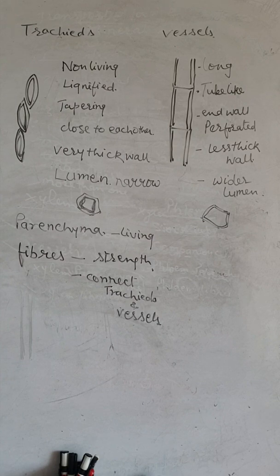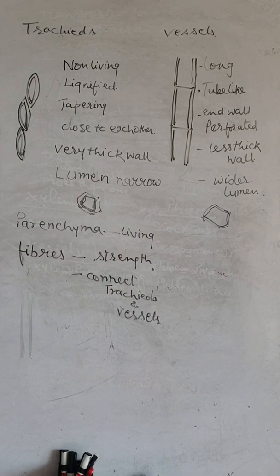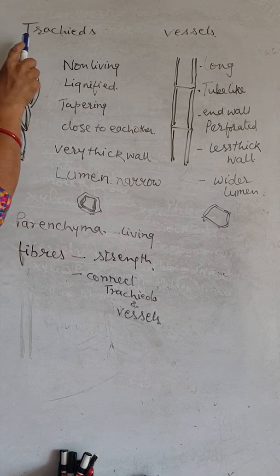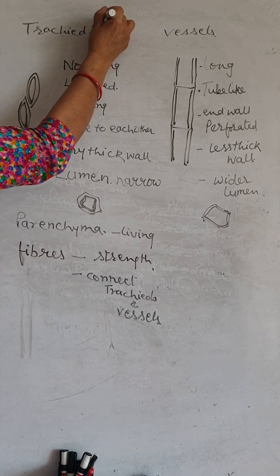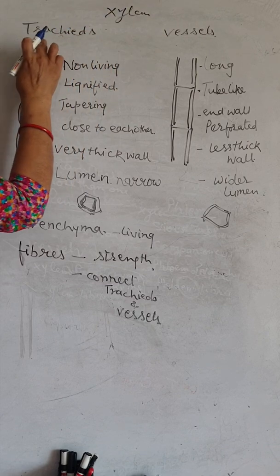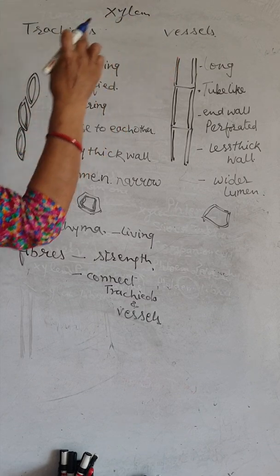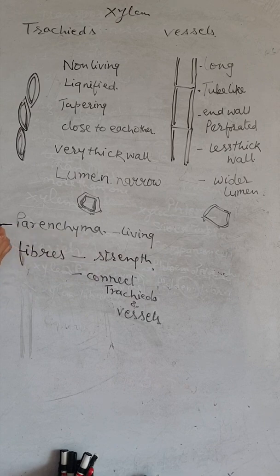Now the components of xylem, we discuss in detail. As we know, the xylem is made up of tracheids, vessels, xylem parenchyma and xylem fibers.